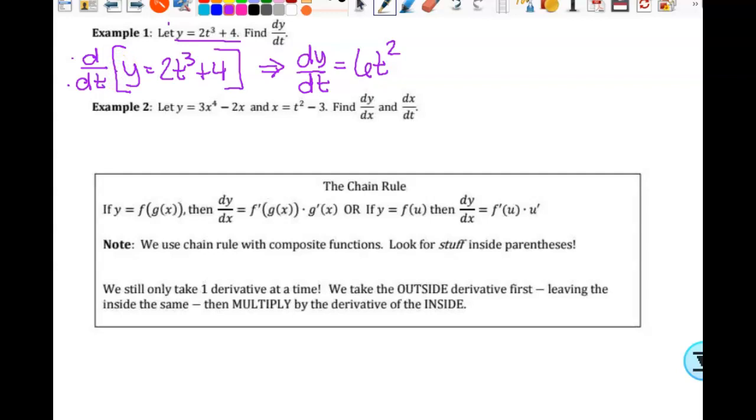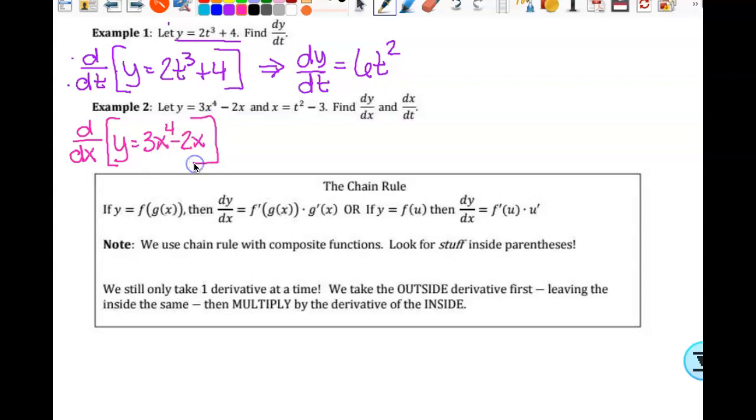So here it says find dy dx and dx dt. So it would make most sense that I'm just going to take the derivative of both of them. I'm going to take it with respect to x on the first one, because that's the variable that I have. So y equals 3x to the fourth minus 2x.